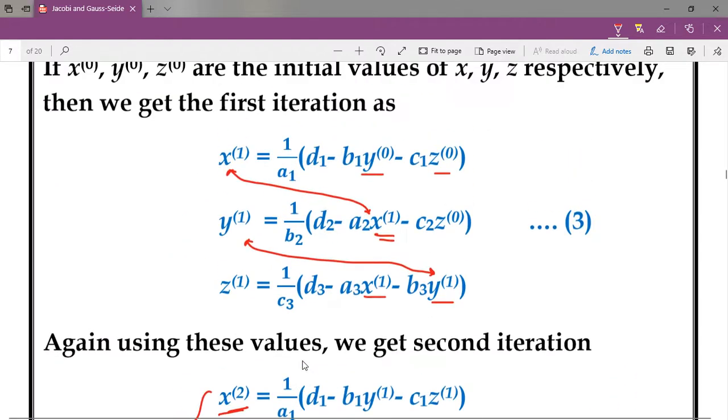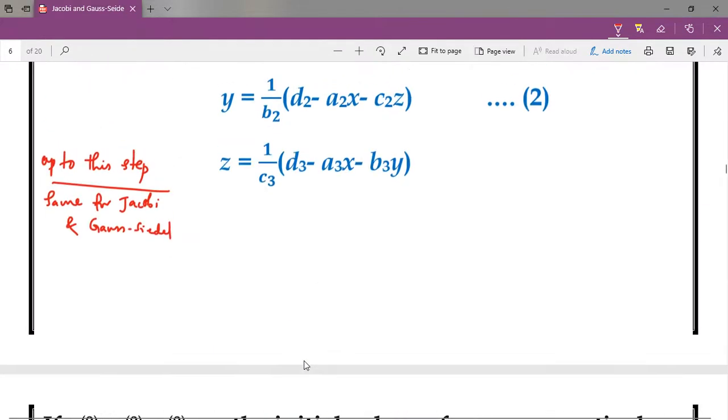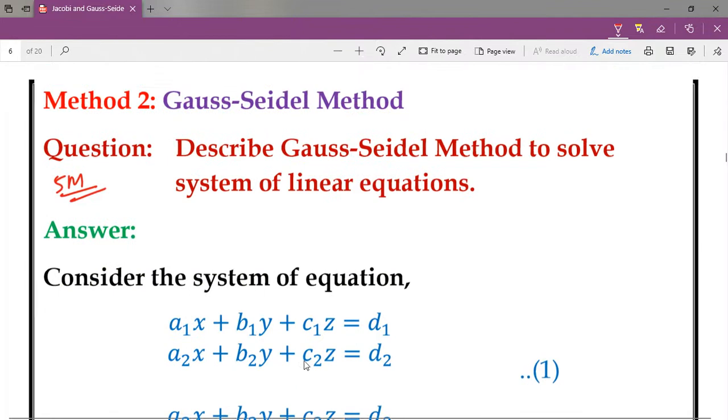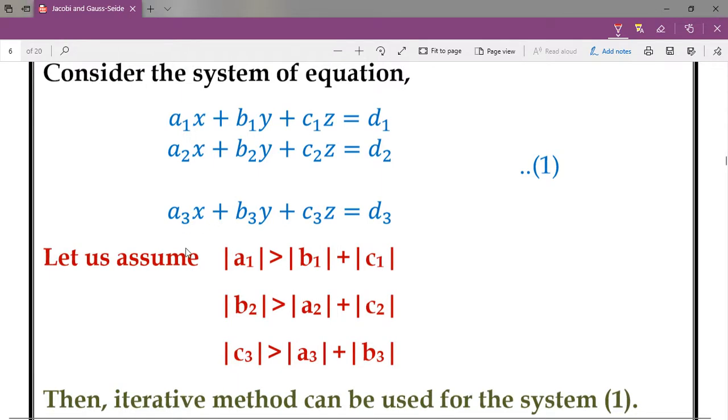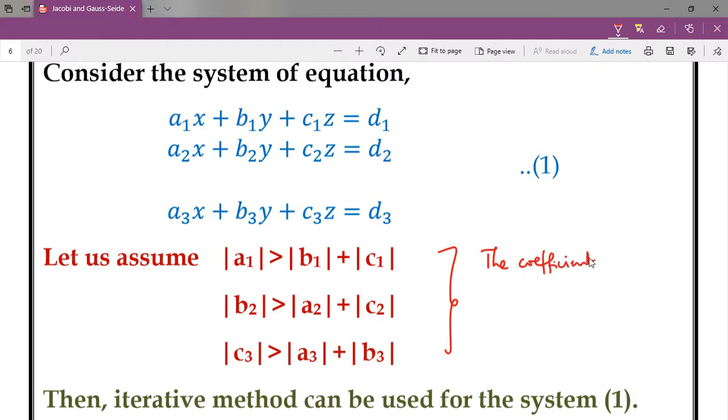Okay. So now once again I will repeat the Gauss-Seidel method. In the Gauss-Seidel method, we have the system of linear equations and we see that it is diagonally dominant. What is the meaning of this? The coefficient matrix is diagonally dominant.